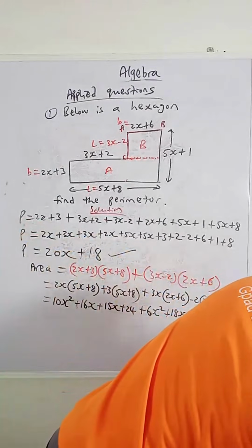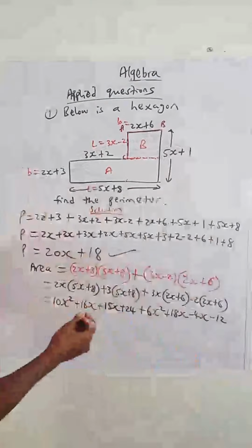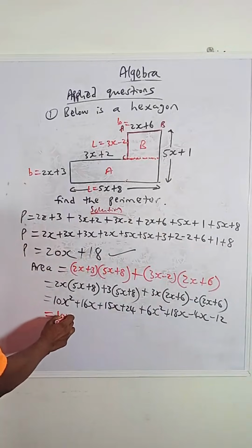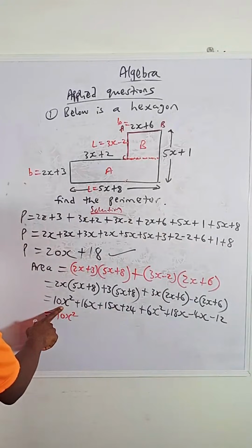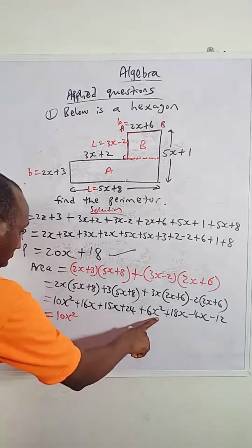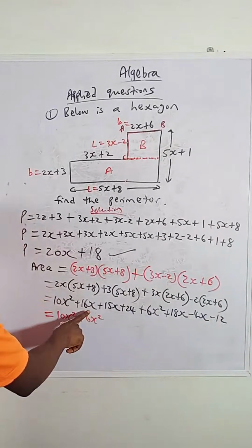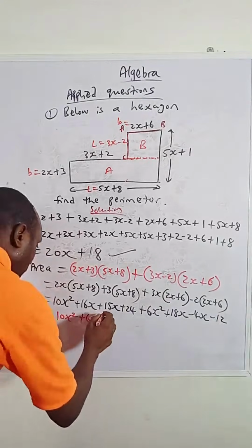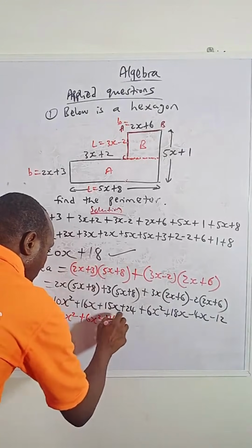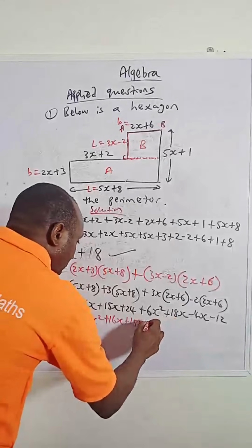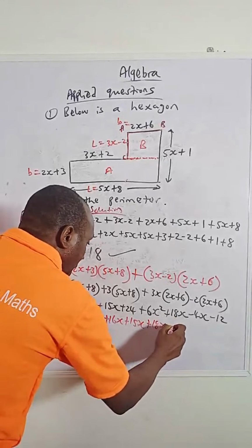So let's rearrange all the terms. This is going to be equal to 10x squared. What is common to this? Look for another one that has x squared. Here, got you, so plus 6x squared. Then plus 16x, plus 15x, plus 18x, minus 4x.